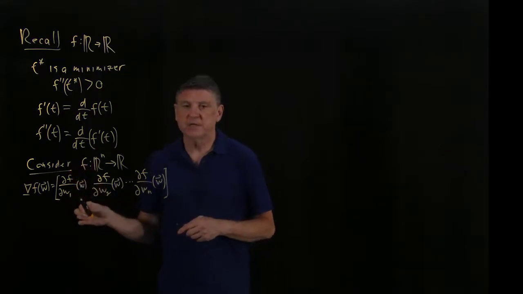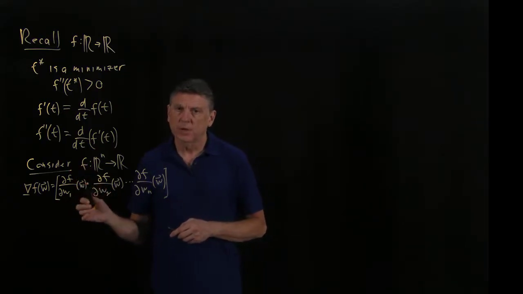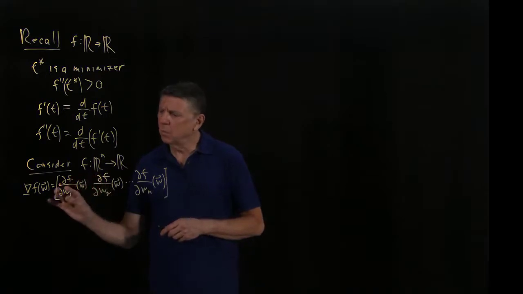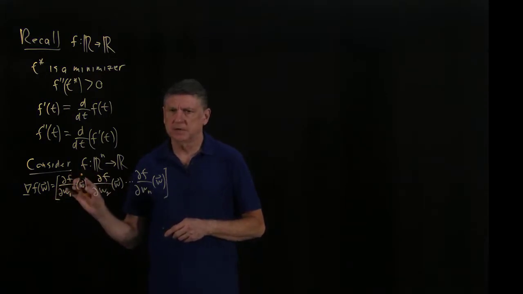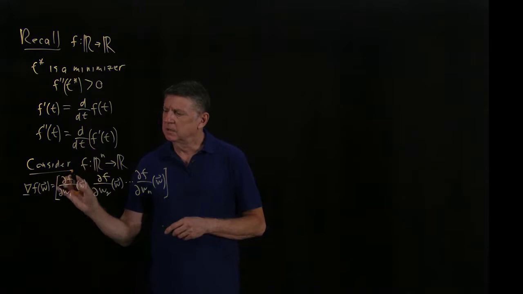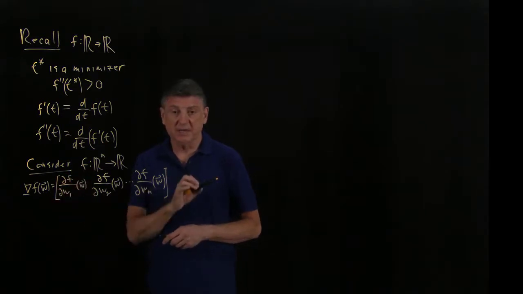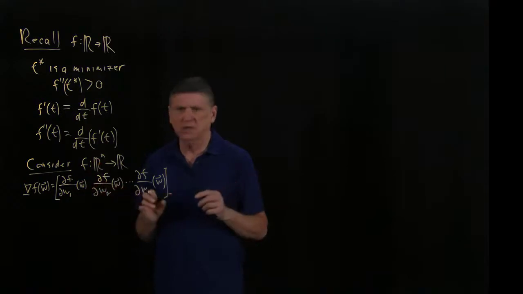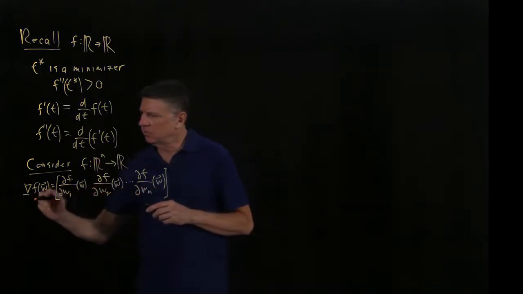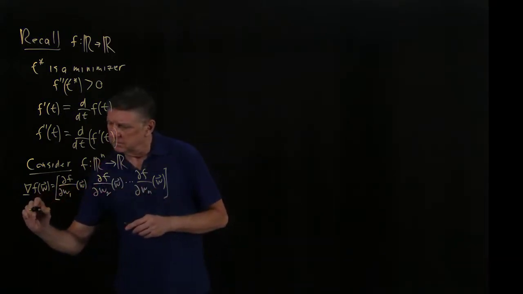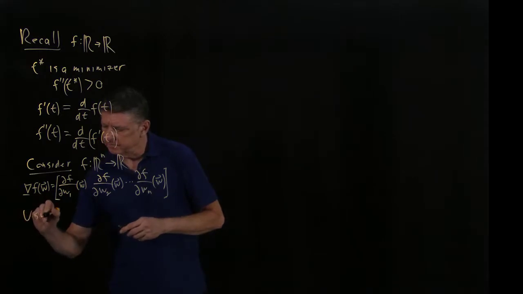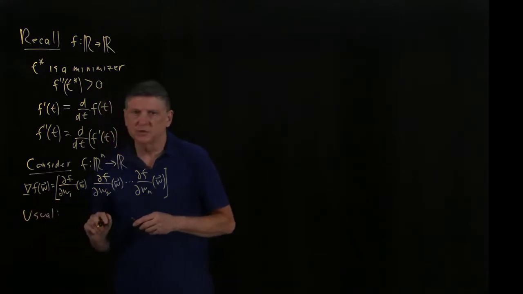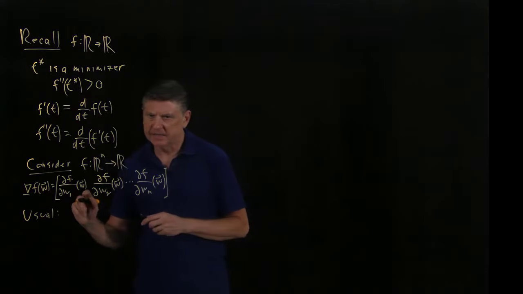How can we differentiate this? Well, one way that can be done is we could just try differentiating this whole thing, and it's not clear what we'd end up with. So the usual way is to define a Hessian matrix.